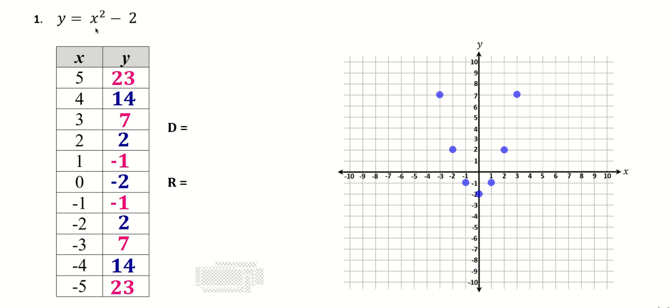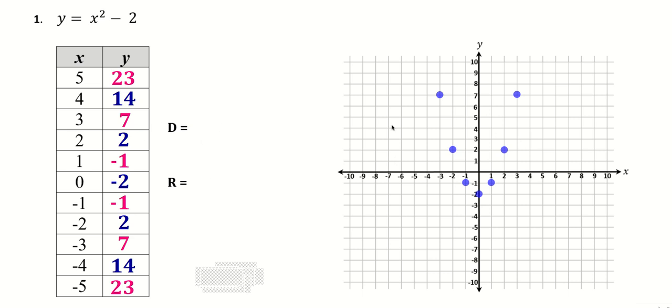Like, is there any number that for some good reason you would not even be allowed to plug in for x? And with this equation, the answer is no. There's no reason why you can't plug in any number you want in for x. You're allowed to square any number that you can think of, any real number. So that's why the domain ends up being, by table and graph, all real numbers.